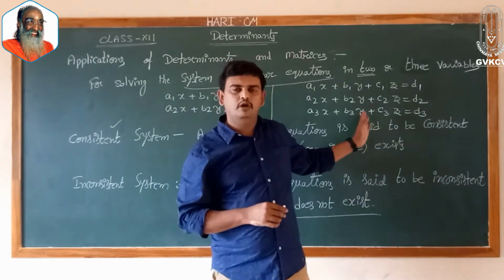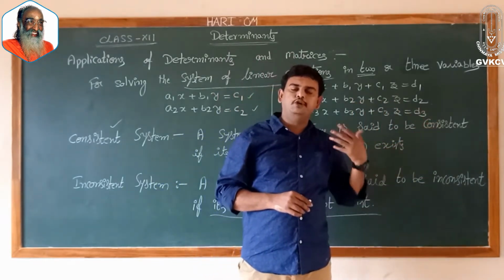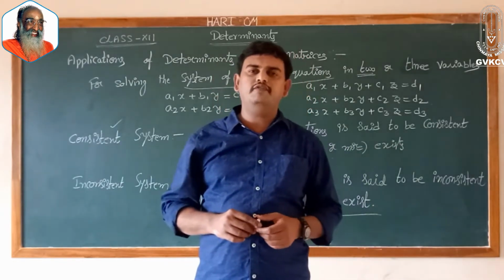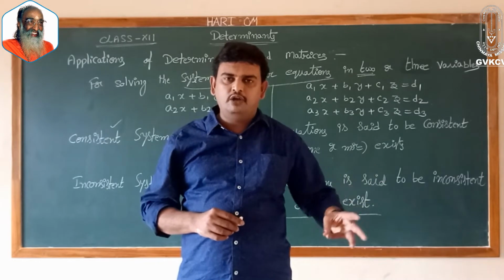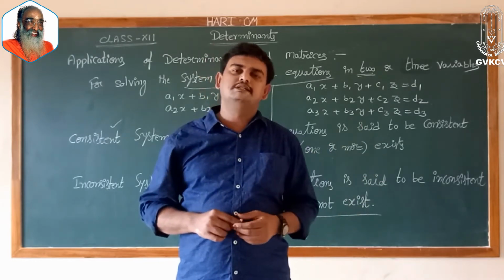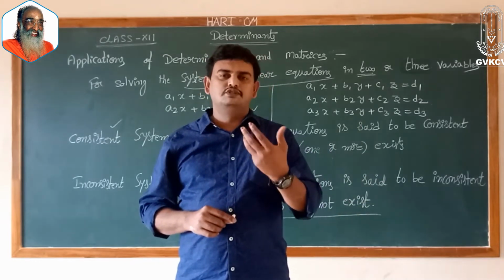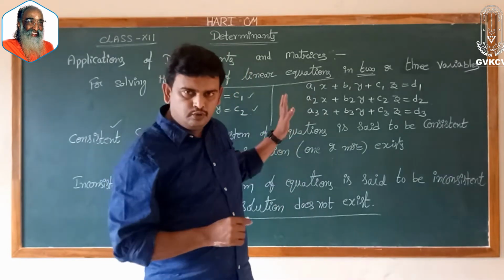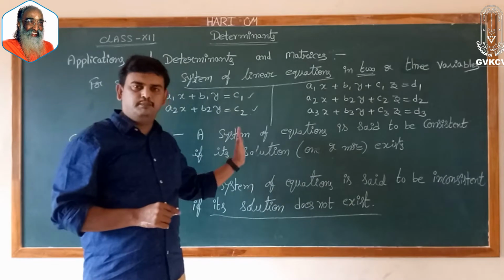Here I have variables x, y, z. Now I need to find the value of x, the value of y, and the value of z. So finding the values of x, y, z is called solving the system of linear equations. Today we are going to learn that process.